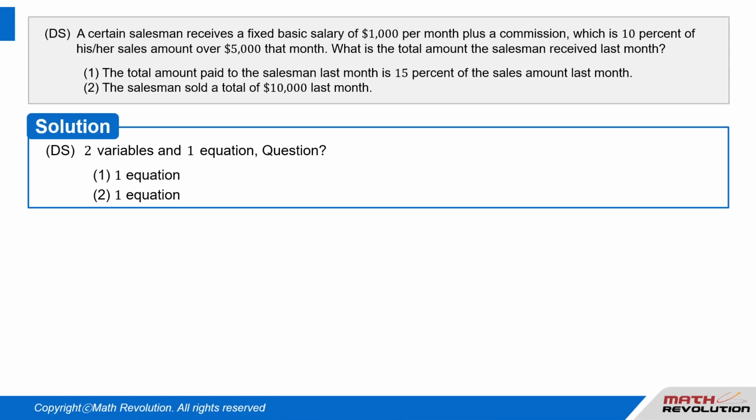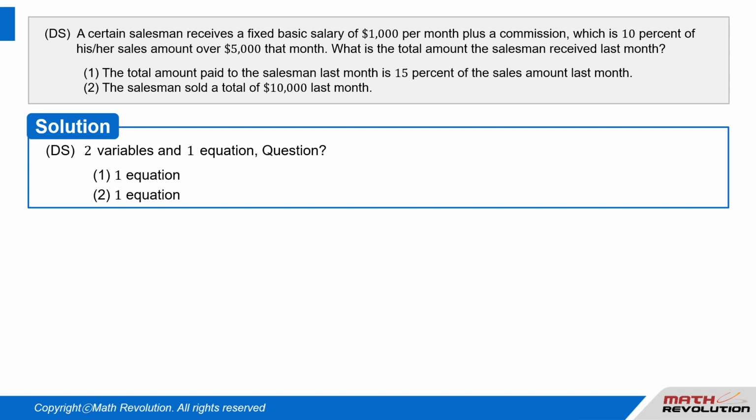Solution. Now we will solve this DS question using the variable approach. DS, 2 variables and 1 equation. Question. Condition 1, 1 equation. Condition 2, 1 equation. Let the original condition in a DS question contain 2 variables and 1 equation.